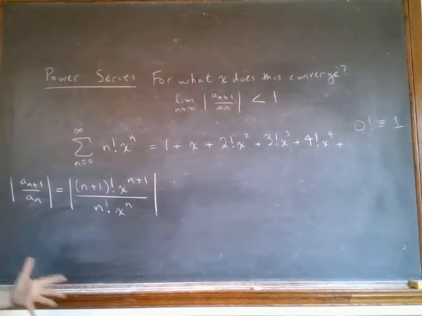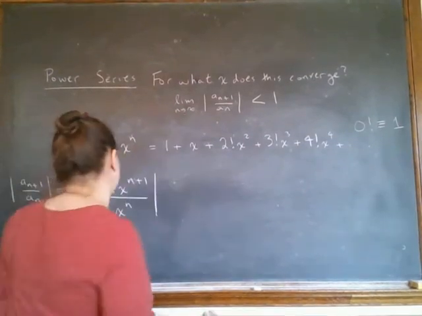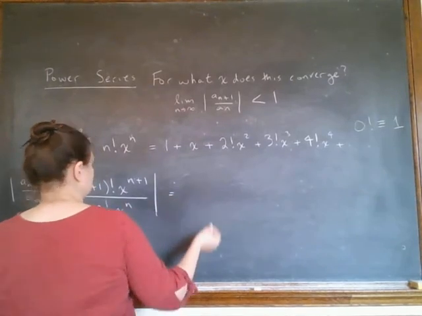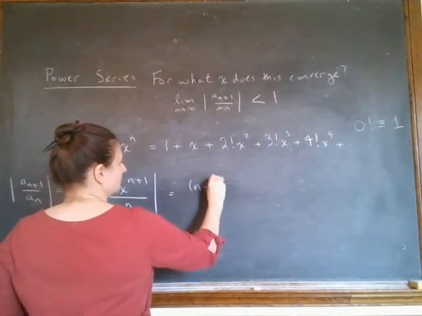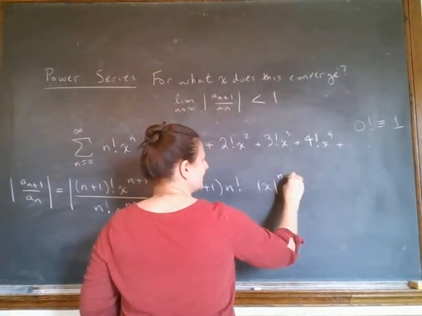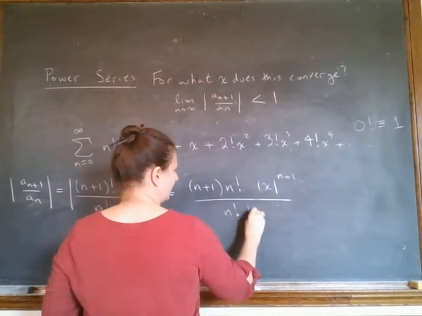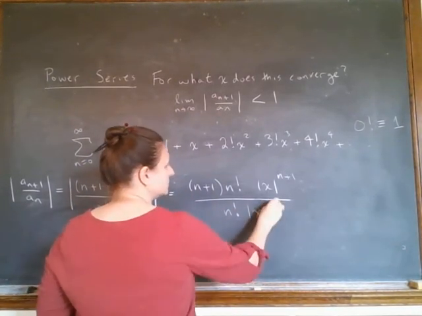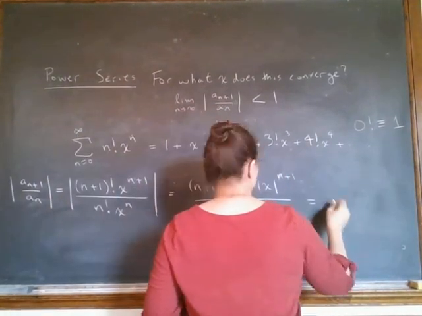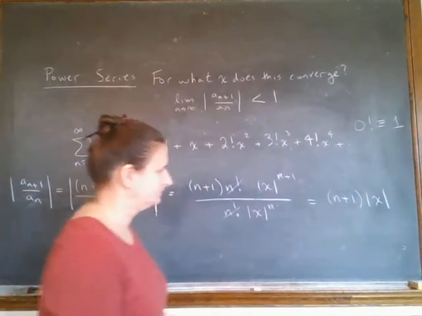But x could take negative values. So when I have a power series, I always have to use the absolute value. So I'm going to write this as n plus 1 factorial, absolute value of x to the n plus 1, and then down here n factorial, absolute value of x to the n. These cancel, but I still have n plus 1 times the absolute value of x.